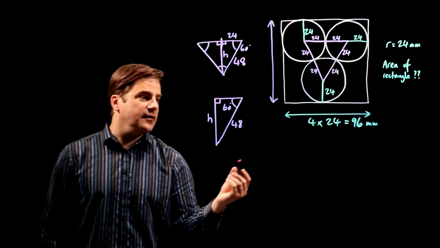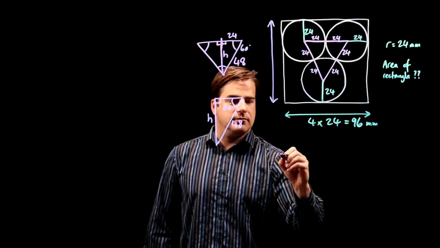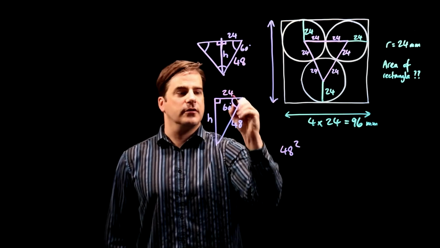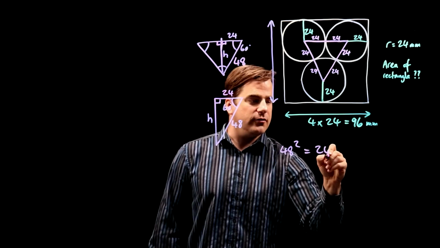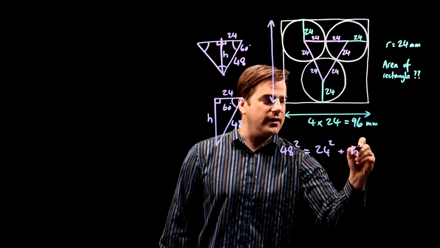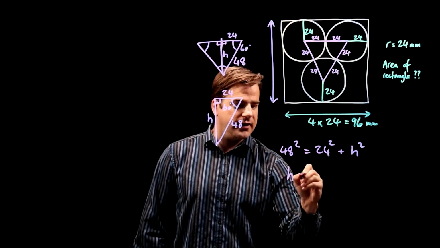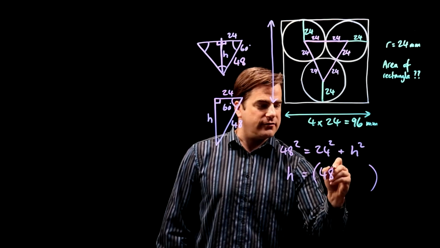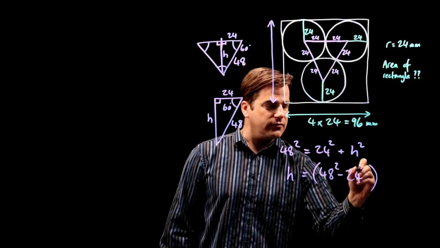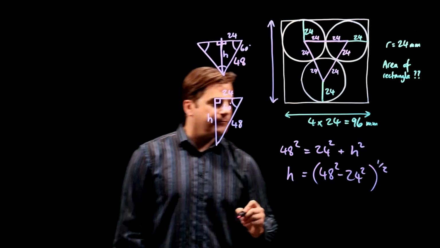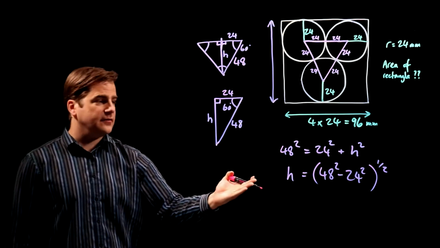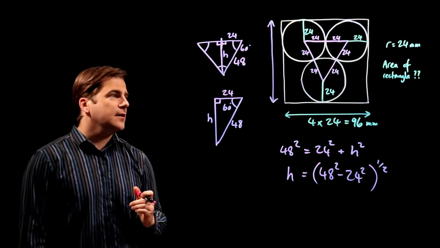So you can say that 48 squared equals 24 squared plus h squared, okay? So therefore h will be the square root of 48 squared minus 24 squared, okay? Nothing wrong with that. Stick that in your calculator, get the answer, okay?